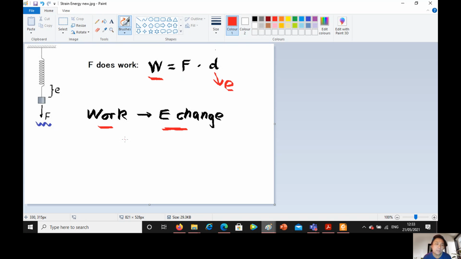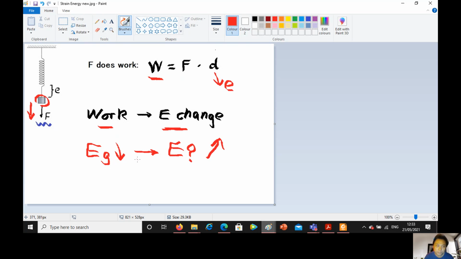Here, can you think of any energy that has been changed? Pretty obviously, we can see the height of the load is decreasing. That means the gravitational potential energy is decreasing. And because of the conservation of energy, there must be a certain energy that is going to increase.